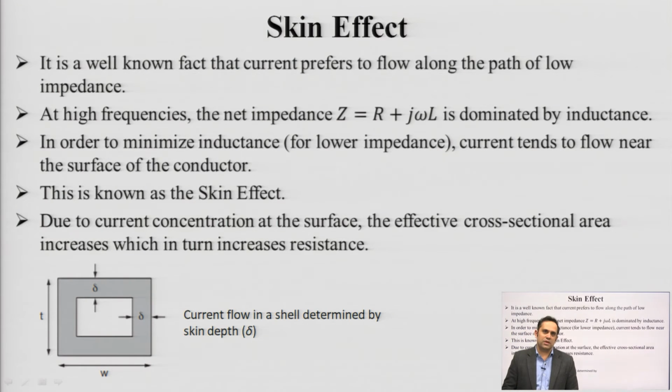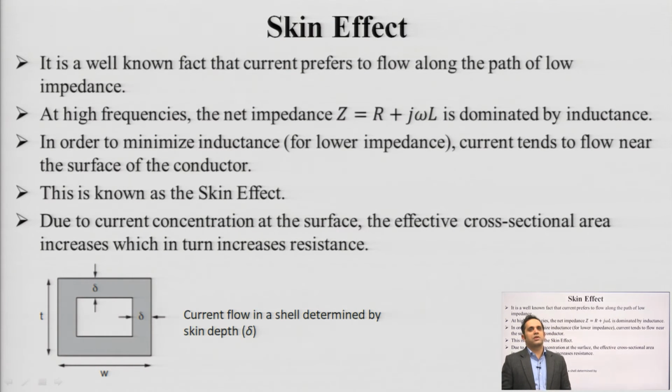The next topic which we will discuss today is known as skin effect. Skin effect also has its origin in the inductance associated with a wire. By now it is clear that when we pass current through an electric conductor, a magnetic field is generated.